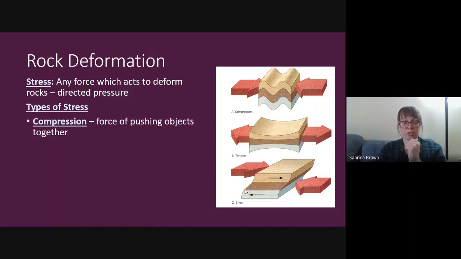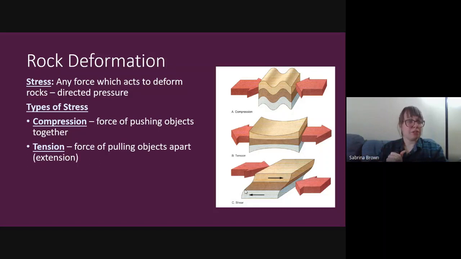We have compression, which is the force of pushing objects together. You can think about compressive forces being associated, so far in class, with plate tectonics. One type of compressive stress would be at a convergent boundary, where the plates are moving towards each other.